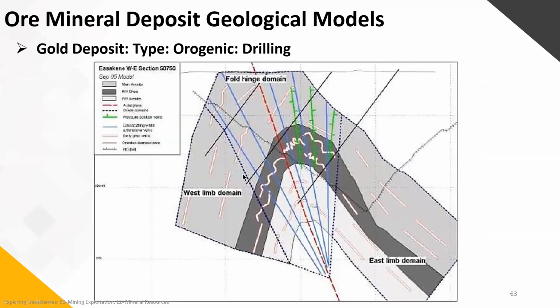If we are within a fold hinge, where we can have a thickening of our rocks and of our mineral deposit, we try to implement several orientations of our drill holes to make sure we get the entire thickness of our mineralized envelope, and to be able to define its geometry as precisely as possible.